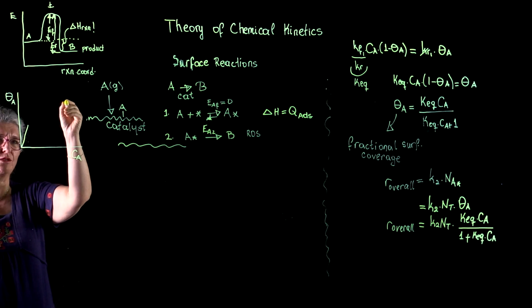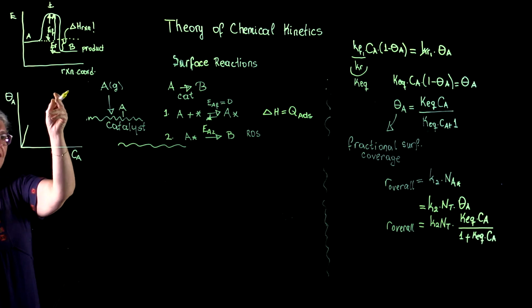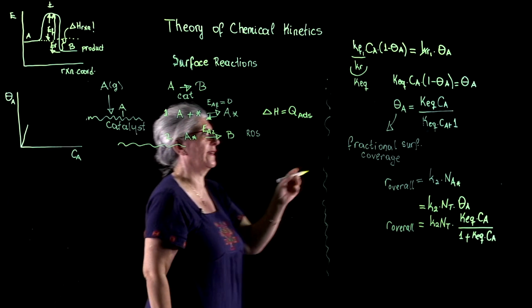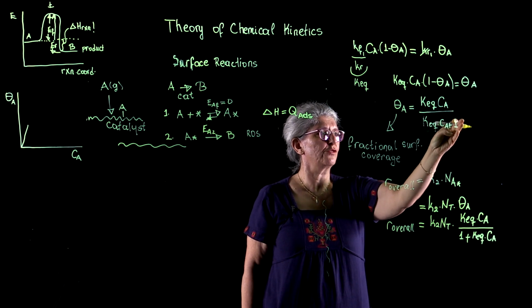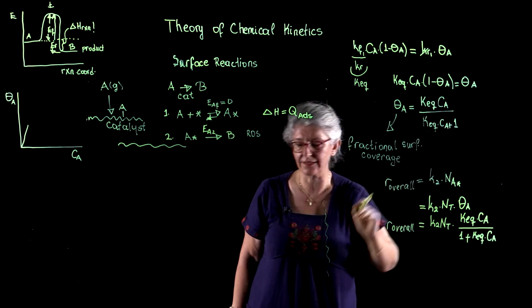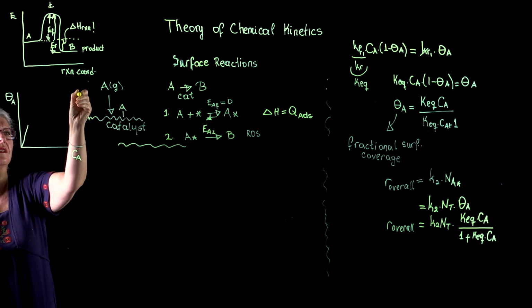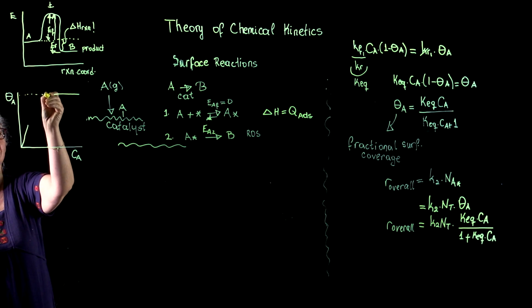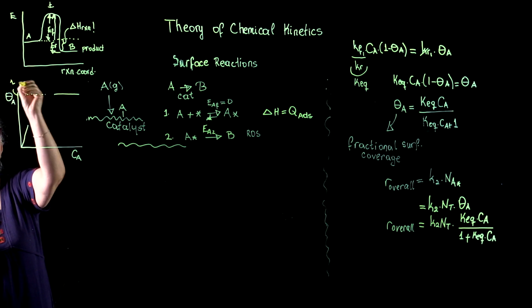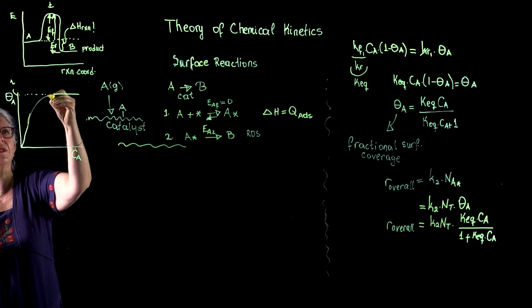Do you remember Henry's law? The other domain is when this group is far bigger than 1. Then we ignore 1, they cancel one another, and theta A at very high concentrations is equal to 1. So we have a mixed region in between.